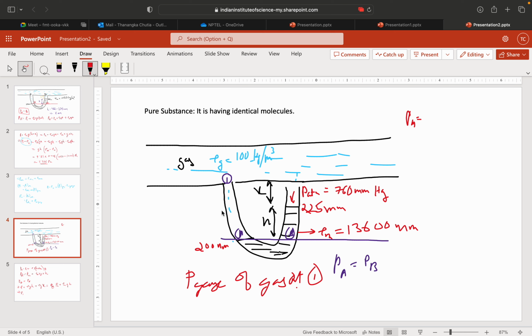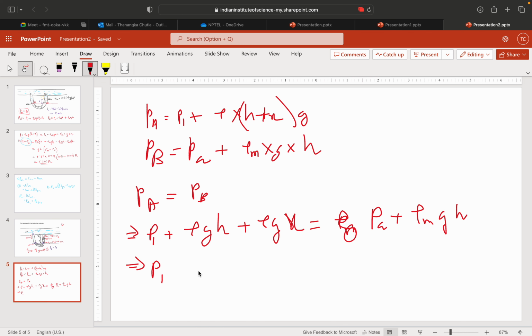Now let us suppose this value of x is 24 mm. Then what will be your answer?